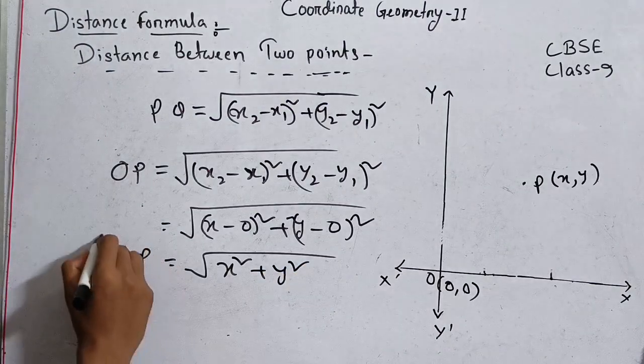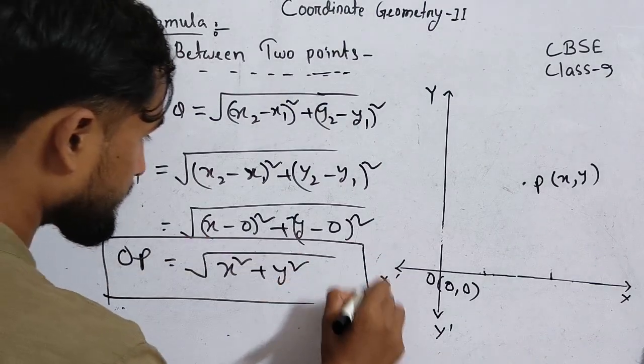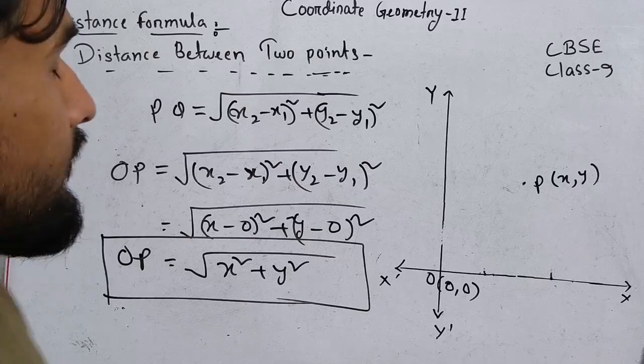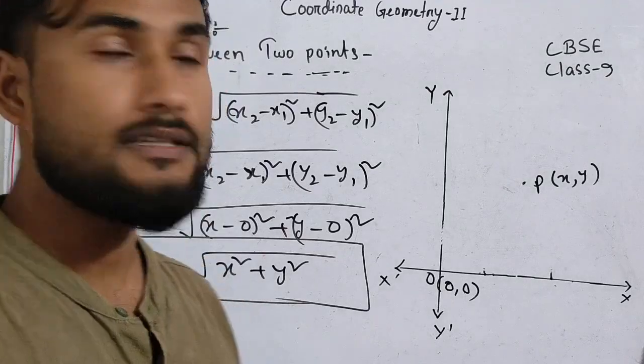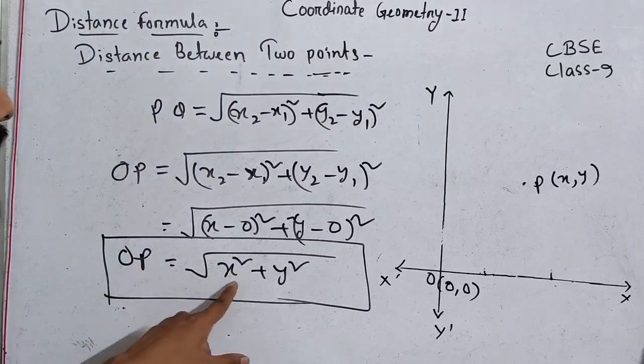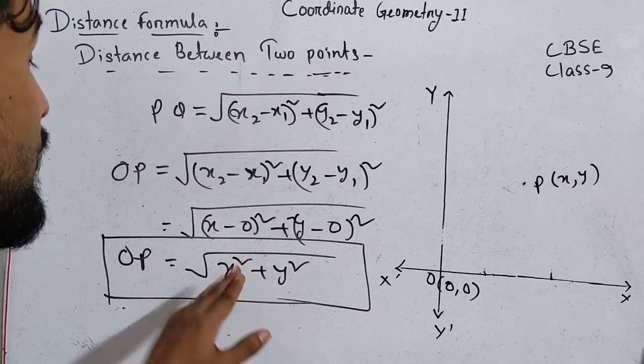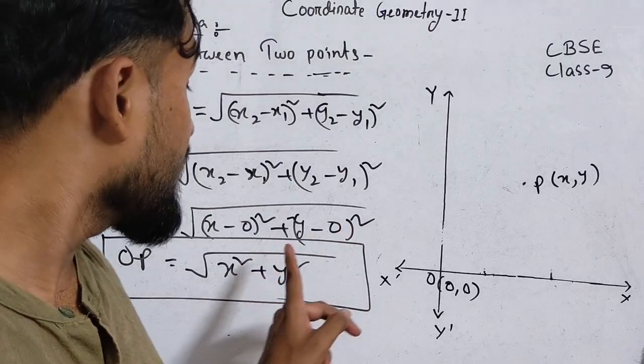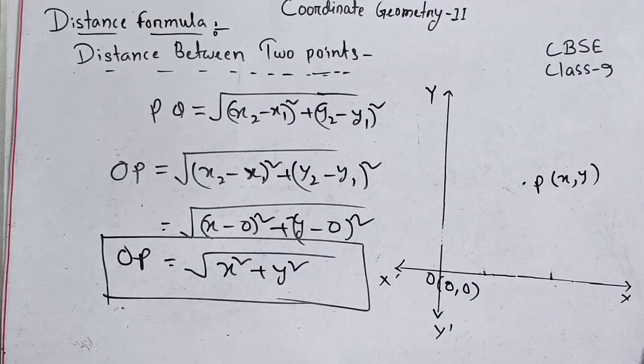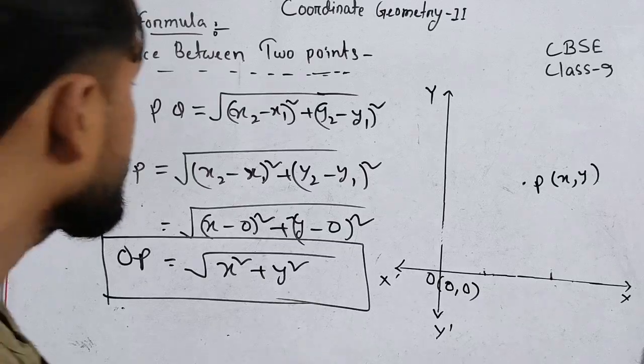It means the distance of any point from the origin will be OP equal to root over x square plus y square. These two are the formulas for the distance between two points.